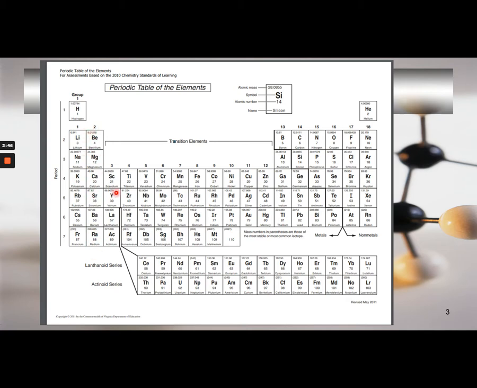So 2 valence. And then we call these the transitions, and they're special because they actually transition from metals to nonmetals. Hopefully you learned this from the WebQuest that you did on Thursday. And then again, group 13, 14, 15, 16, 17, 18.